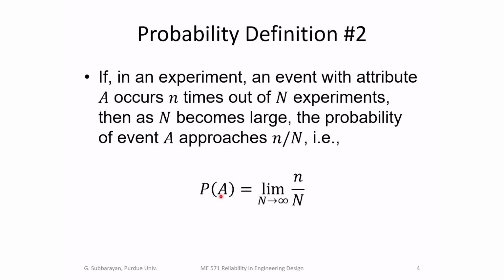Then we can define the probability of an event A occurring as the limit as N tends to infinity of little n over capital N. This limit gives the probability of event A occurring. This is valid in situations where we might be testing a sample of a larger population.